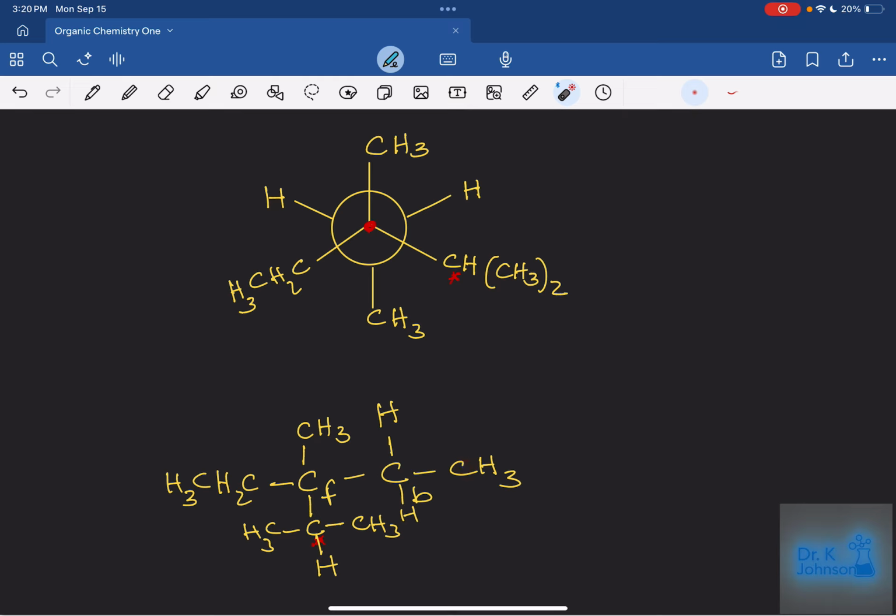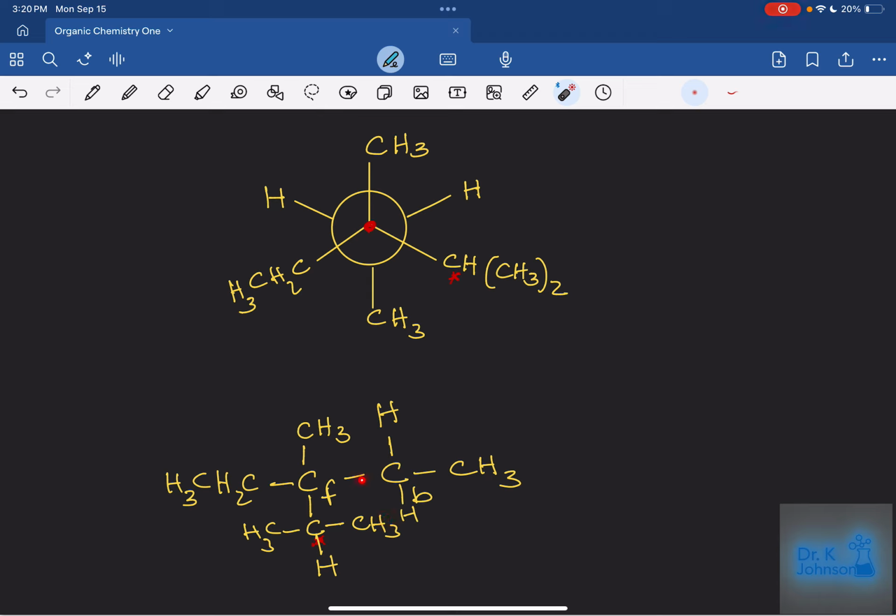Now, if we go in this direction, the long chain in this case is the same, 1, 2, 3, 4, 5.